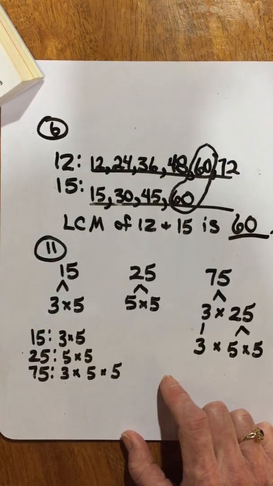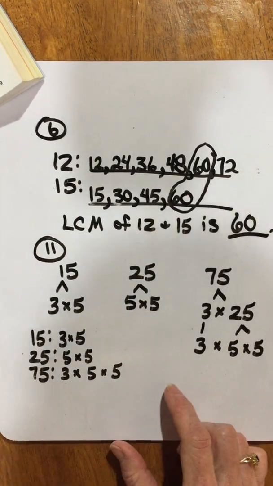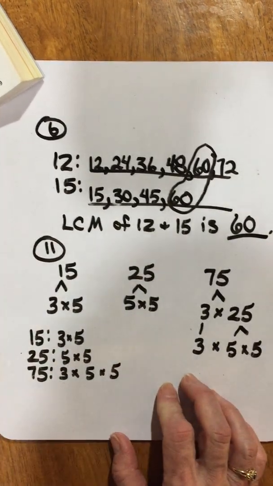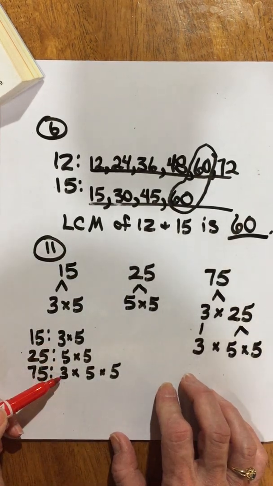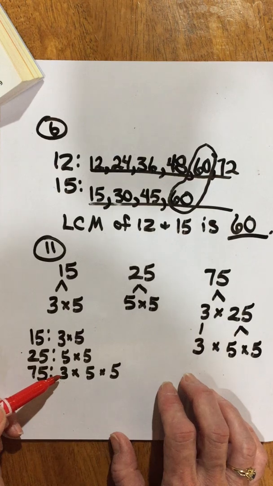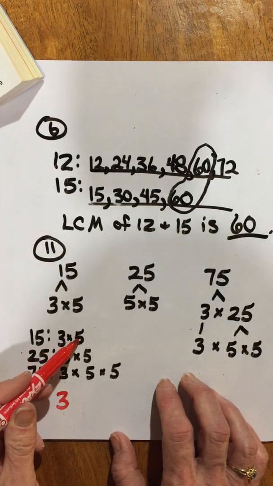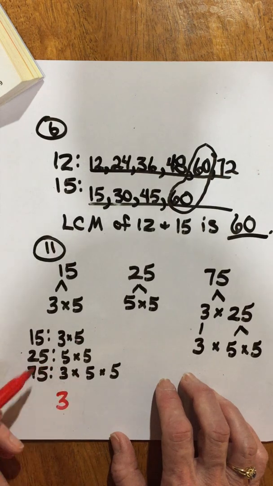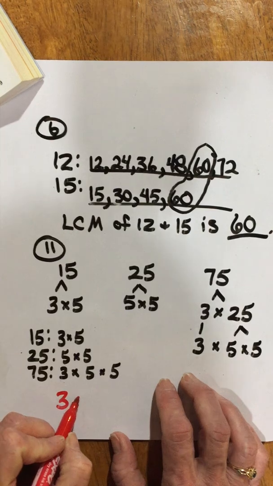When you choose to make your lowest common multiple, they said if it repeats, you can only use it once. I see 3, I see 3 there. I can only use one of them, so I will write down 3. I see 5, I see 5, I see 5. I see a lot of 5s, but they all have it. I can only use one of them.